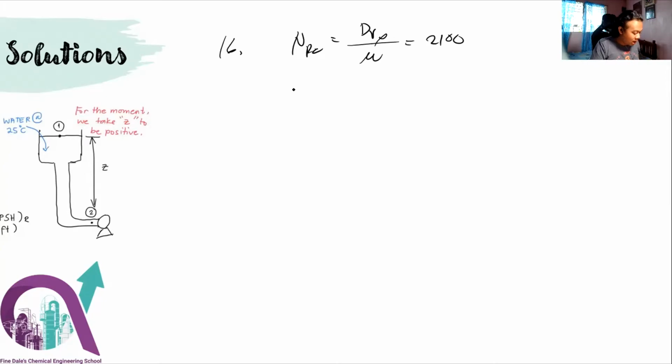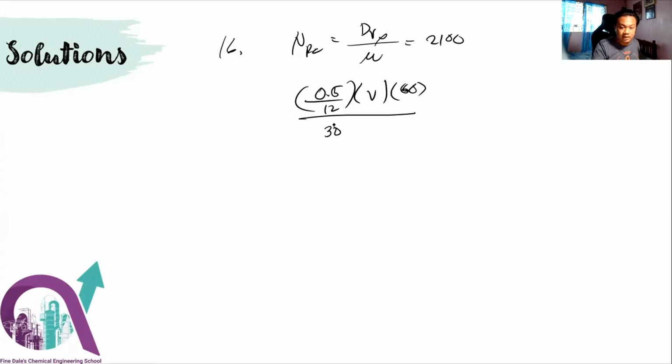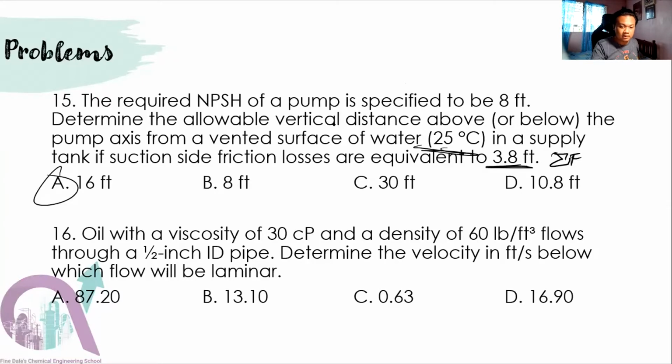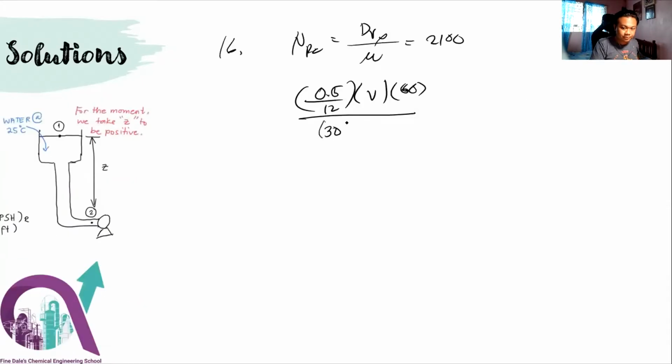So we are asked for the velocity. For the velocity, we have a 0.5. I'm converting everything to feet. So 60 and 30 cP, just multiply that by 6.72 times 10 to the negative 4 to convert it to lbm over feet per second.